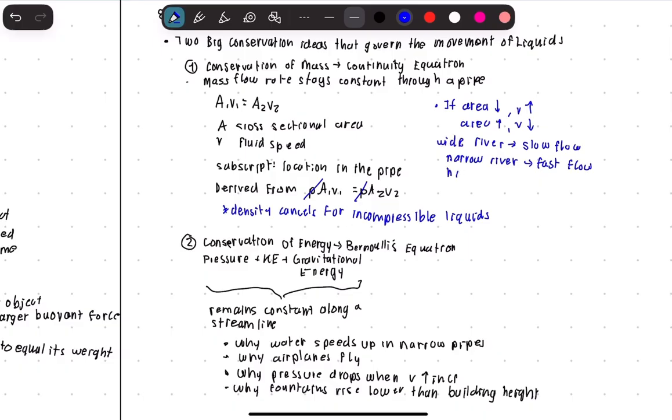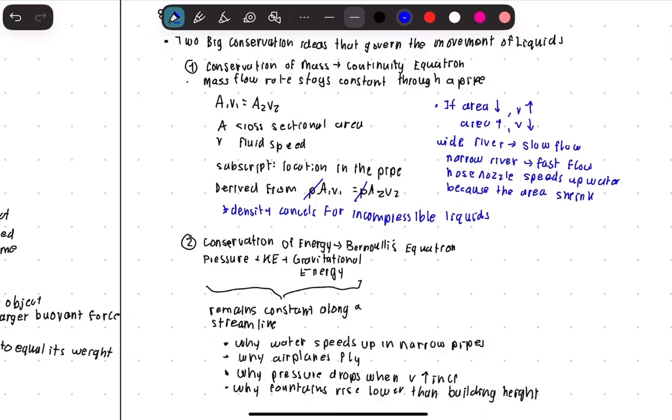Also, a hose. What is it? A hose nozzle speeds up water because the area shrinks. So that's why when you have a hose, it can squirt water really far distances and pick up the speed.